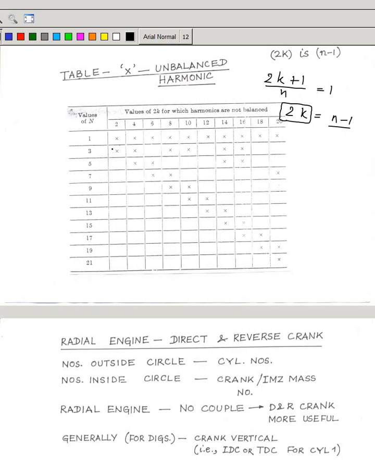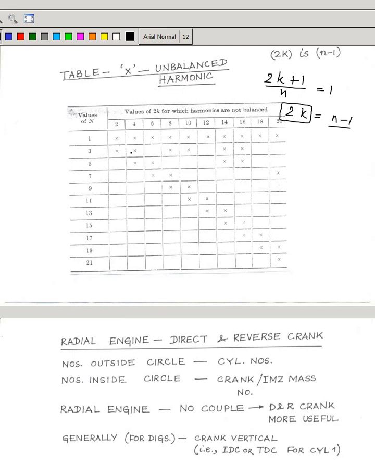So this harmonic, the second harmonic, is not balanced. For the fourth harmonic, 2k is 4, so (4 plus 1) by 3 is 5 by 3, non-integer. But (4 minus 1) by 3 is an integer.